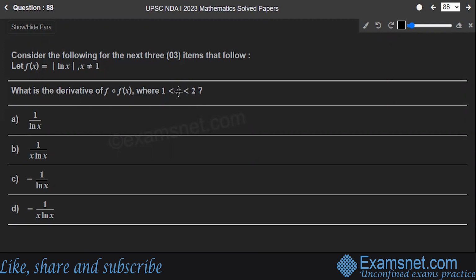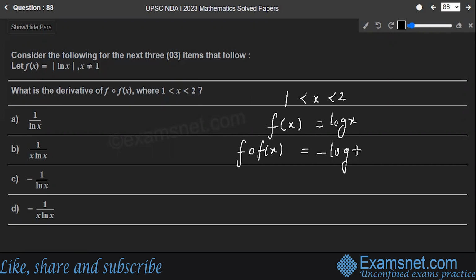Since x is lying between 1 and 2, therefore it's positive. I'll take fx is equal to log x. Now, f of x, this is equal to minus log of x. Why? Because log of x lies between 0 and 1.